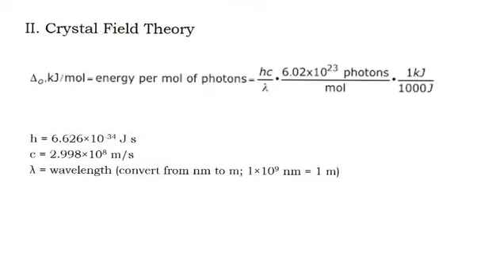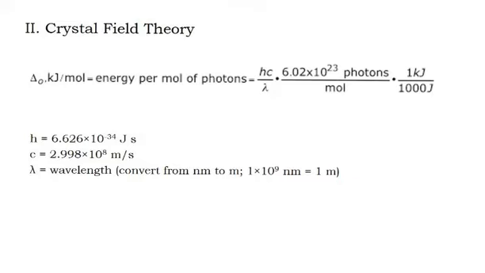In this first term here, hc over lambda, h is Planck's constant, which is 6.626 times 10 to the minus 34th joules times seconds. c is the speed of light, which is 2.998 times 10 to the 8th meters per second. And lambda, or lambda max, is your wavelength.